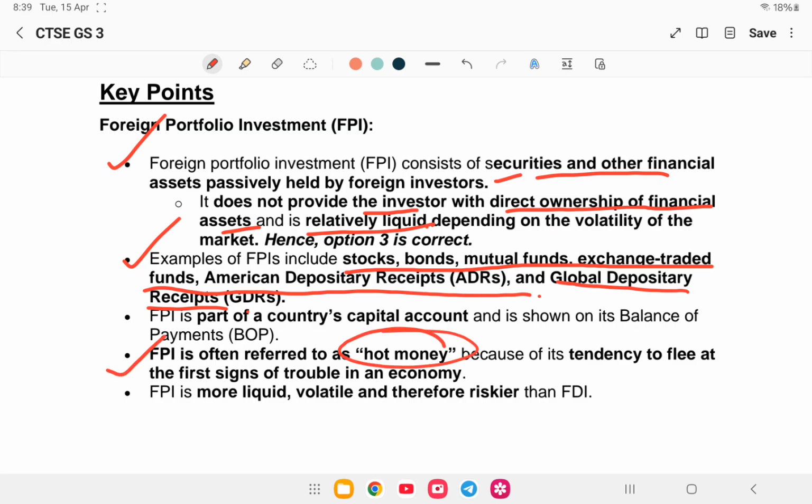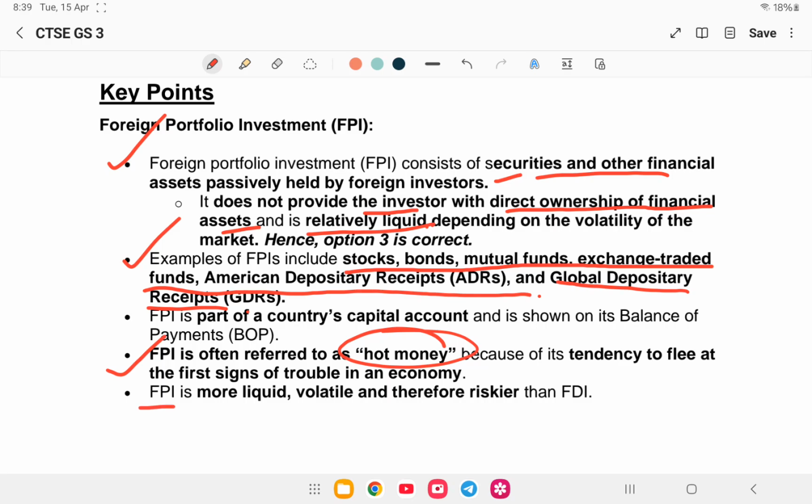FPI is called hot money because of high risk; for example, if India's economic situation is not good, they automatically withdraw money. That is very volatile and very hot. So these are about FPI.